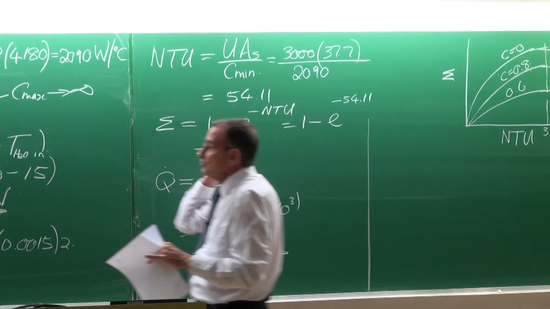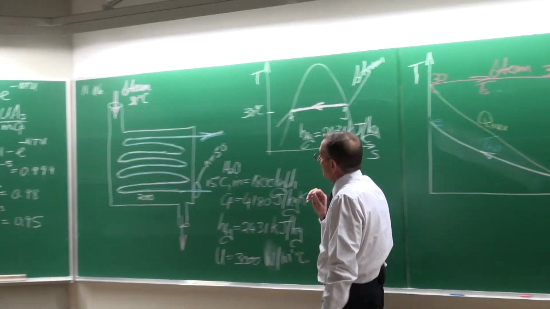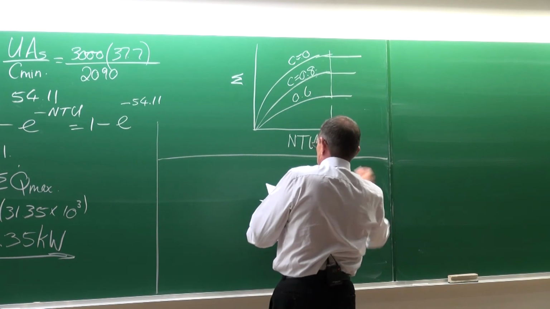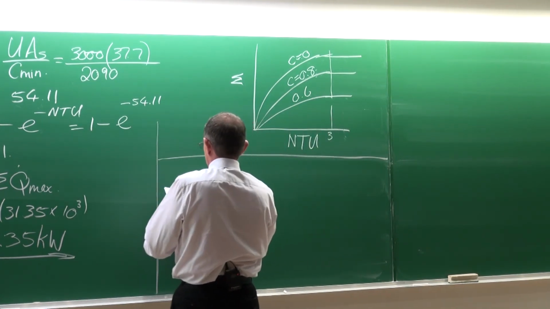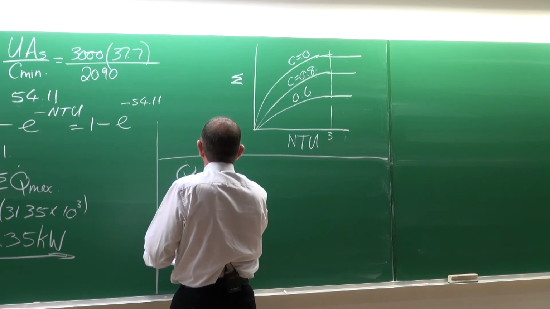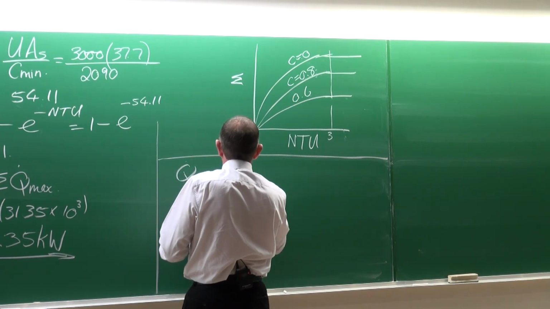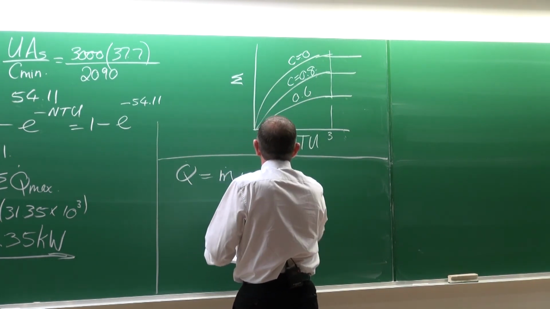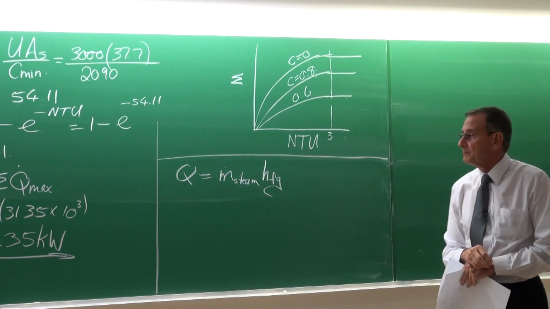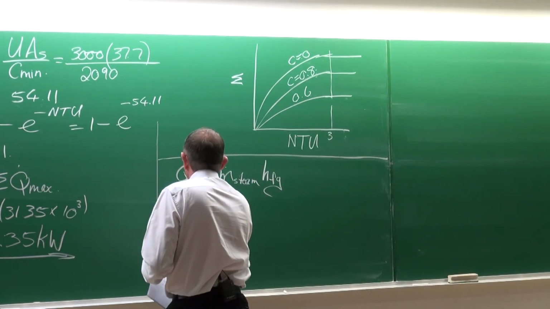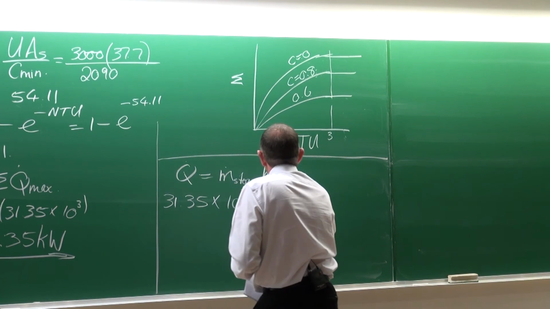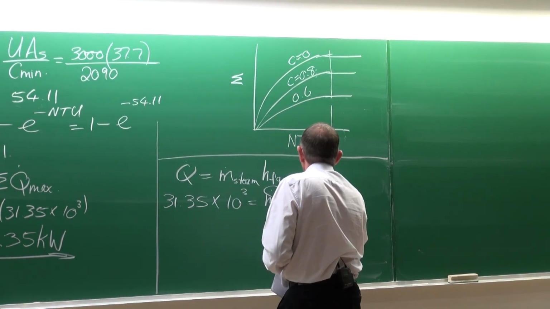We would still like to do two things, and that is we would like to calculate the mass flow rate of the steam, and we would like to calculate the outlet temperature. So let's go and do that quickly. The heat transfer rate would be equal to the mass flow rate of the steam multiplied by hfg of the steam. The heat transfer rate is equal to 33.35 kilowatts. The mass flow rate of the steam is what we want to calculate.